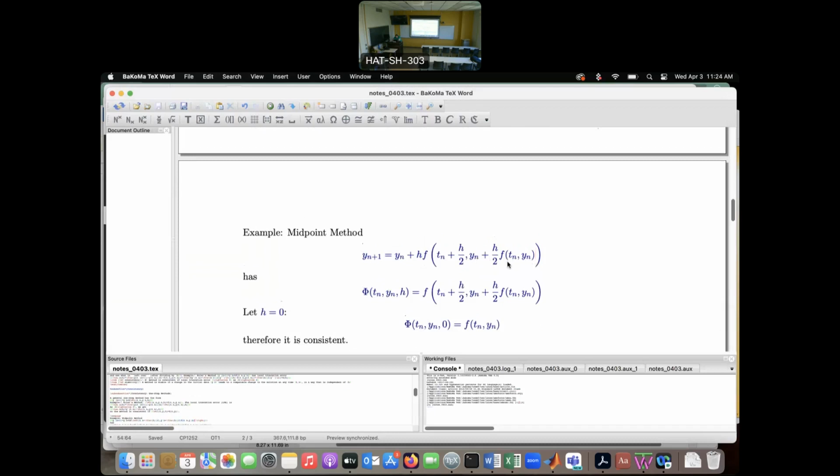So in this case, your function phi is whatever's multiplying the h. So it's just this evaluation of f with these arguments. Then I go ahead and set h equal to 0 throughout this, and this term goes away, this term goes away, and you're left with f of t_n, y_n. So it's consistent. This doesn't reveal to us that it's second-order accurate, but I'll get to that later.